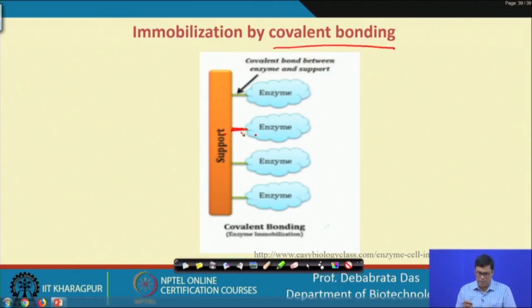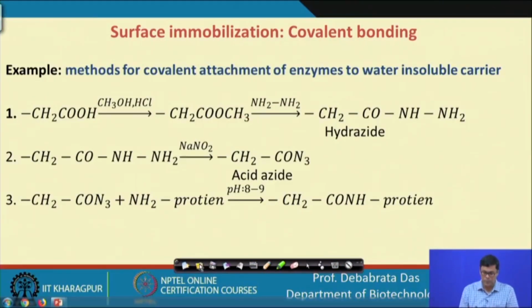So it is the strongest, but for doing so we have to treat the solid matrix with chemicals, and only then will it bind covalently. So during this process there is a loss of activity of the enzyme. That is the major drawback of this process.